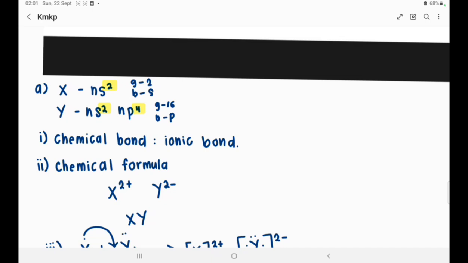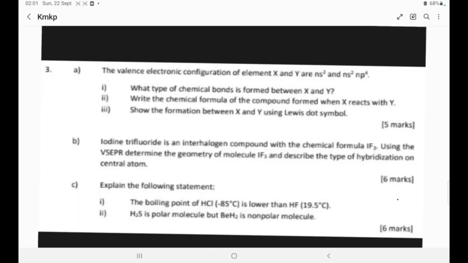So the chemical bond between a metal and a non-metal is an ionic bond. The question asks to write the chemical formula of the compound formed when X reacts with Y.